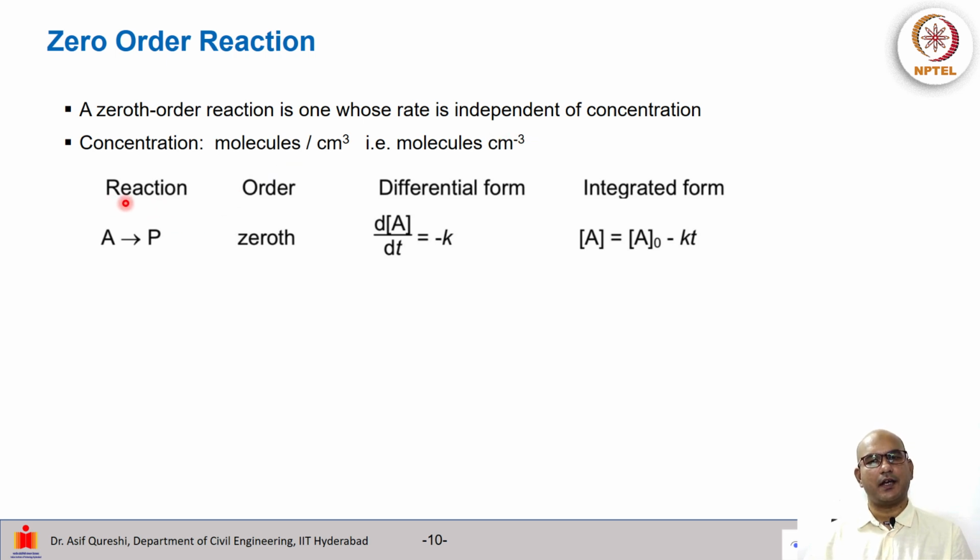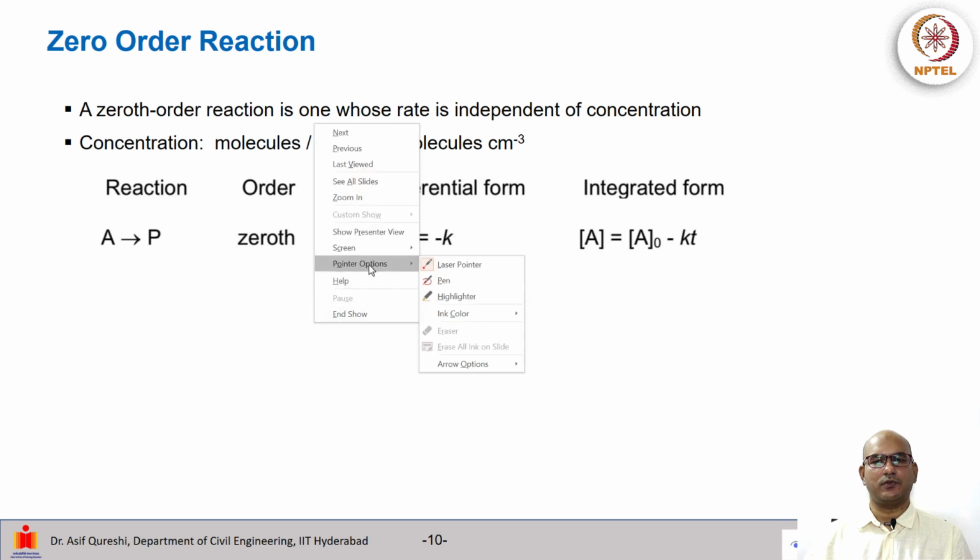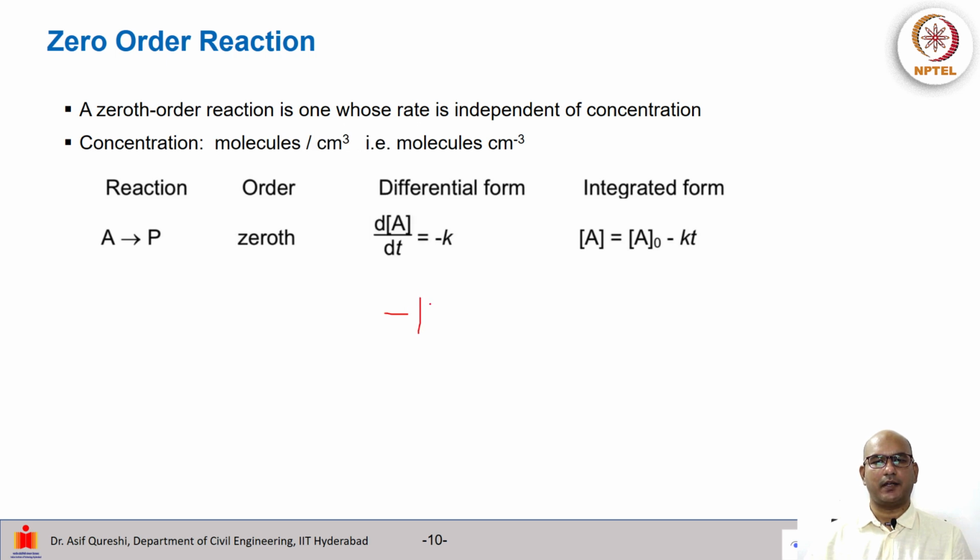So, here we have a reaction where reactant A gives a product P and the order is 0, which means dA by dt is equal to minus K A to the power 0. So, A to the power 0, this value is 1.